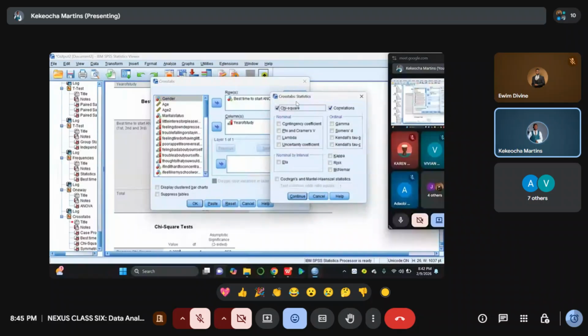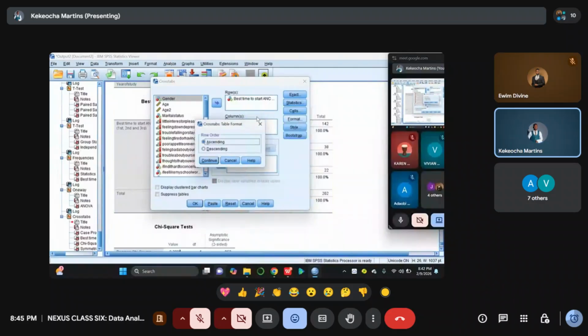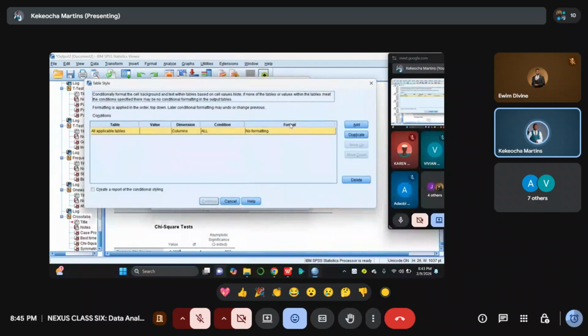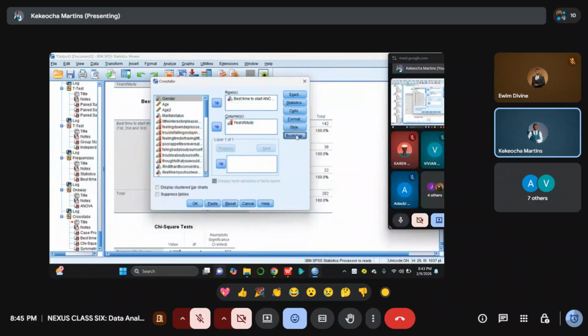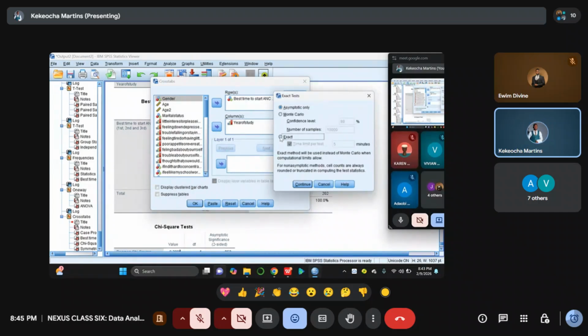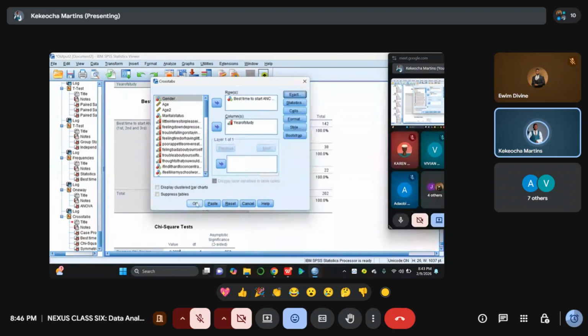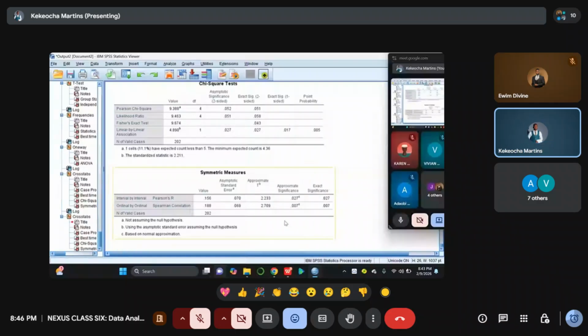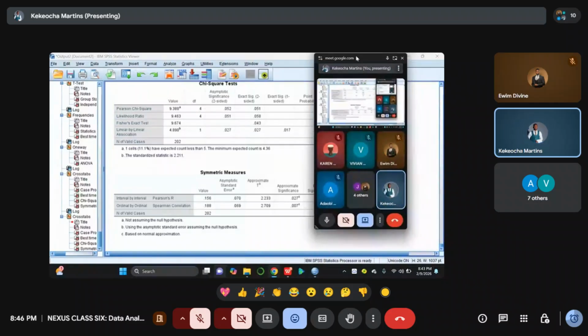To choose Fisher's exact, I don't know if my version of SPSS will show it, but it's just written here as Exact. So you just click Exact, simple, and you click OK. You just report Fisher's exact test, this value 9.674. That's what to do for Fisher's exact.